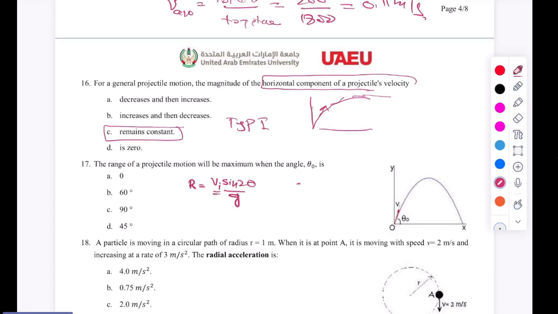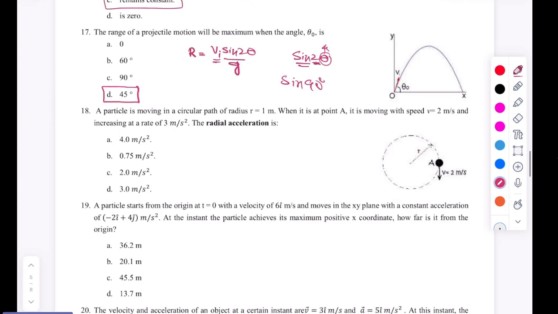At what angle will the sine become maximum? Sine becomes maximum at 90 degrees. So whatever angle we put here, multiplied by 2, it will become maximum. So the range of the projectile is always maximum at 45 degrees.